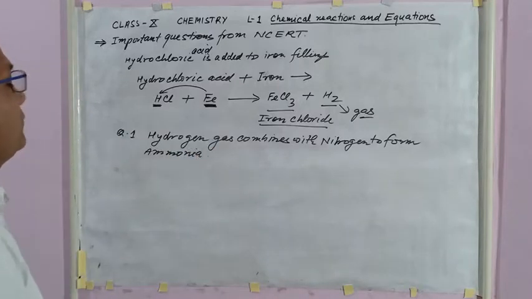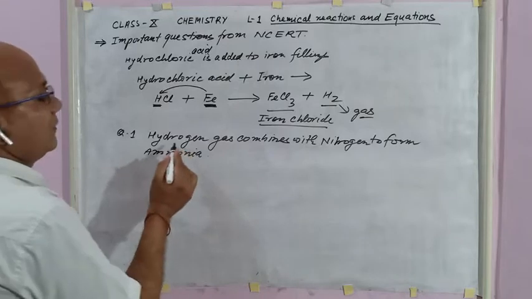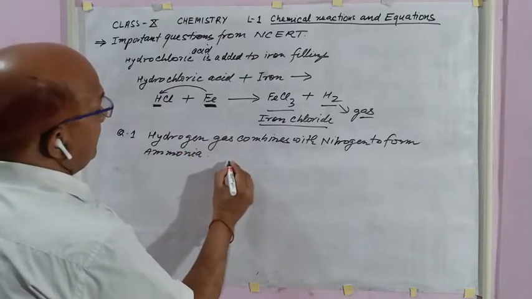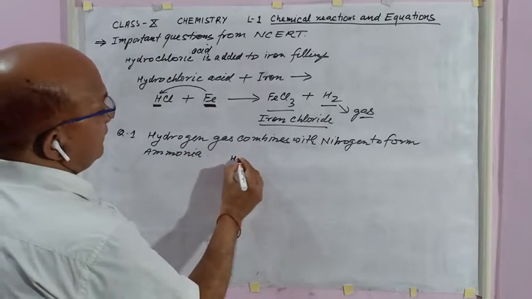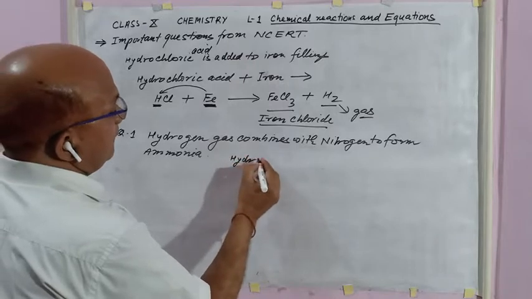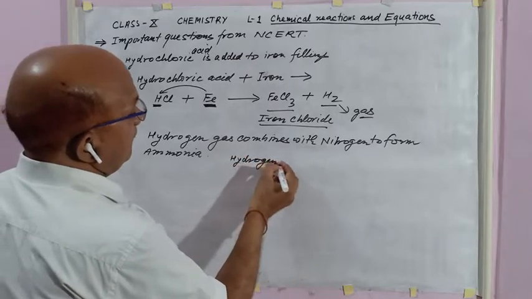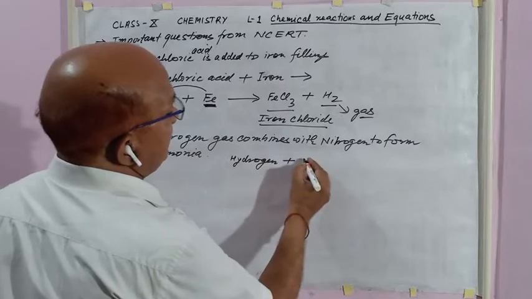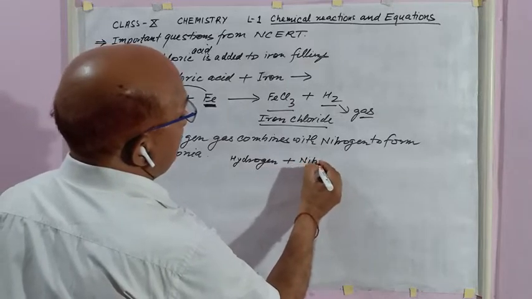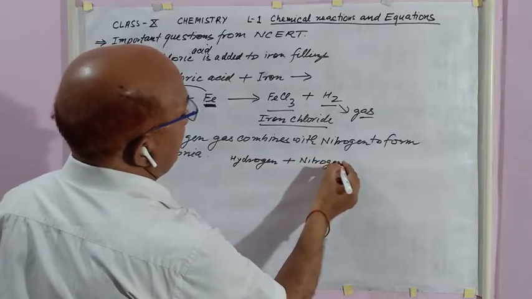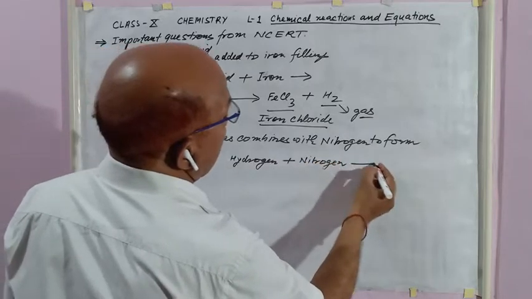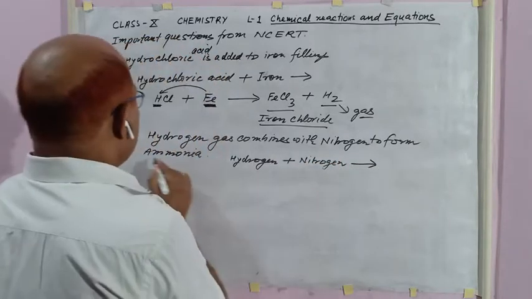So first we will convert it into word equation. Hydrogen plus nitrogen, the product is ammonia.